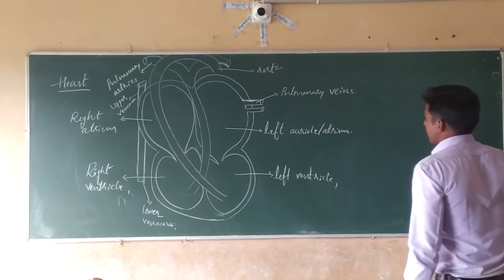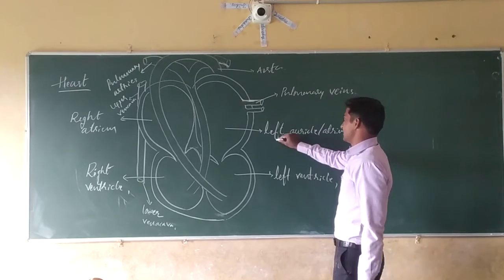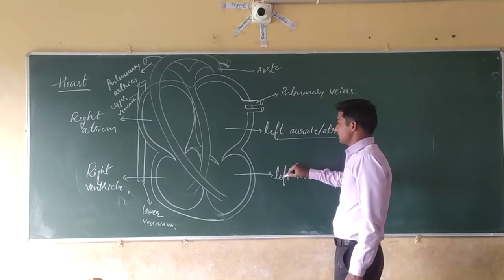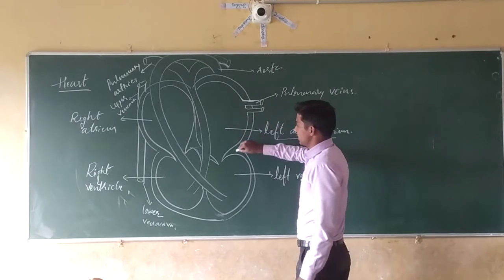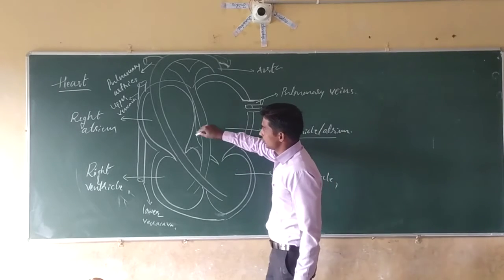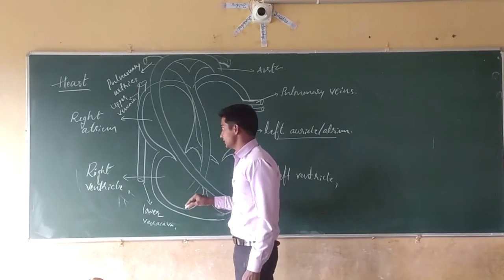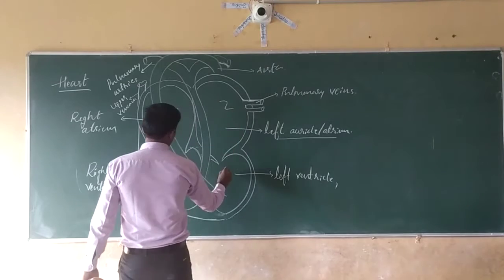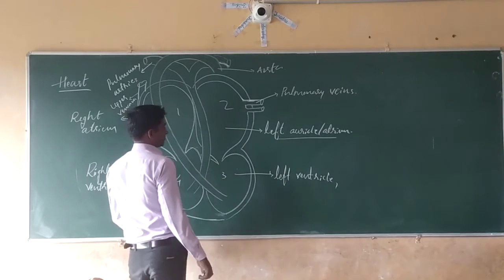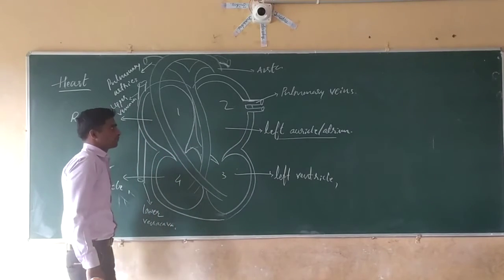Here on the left side, the left atrium is present, left atrium, left ventricle, right atrium, right ventricle. The four chambers are present in the human heart, isn't it?